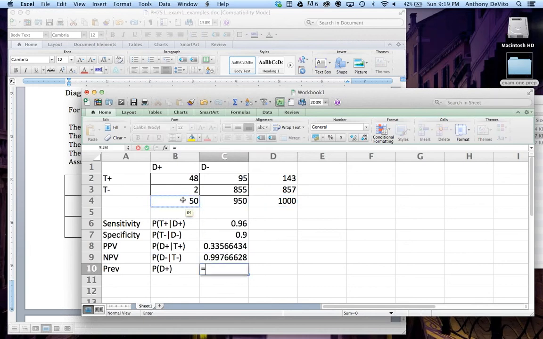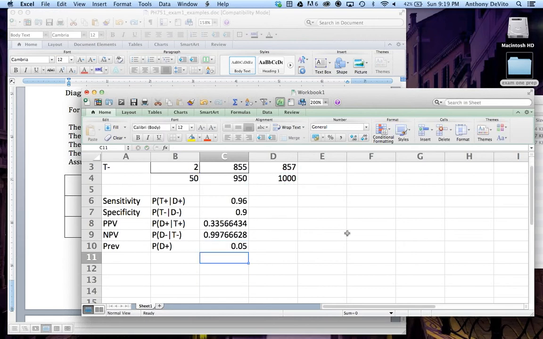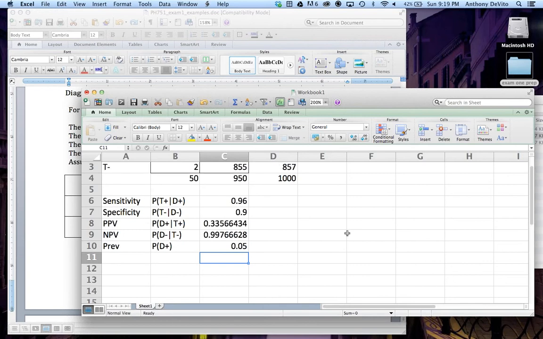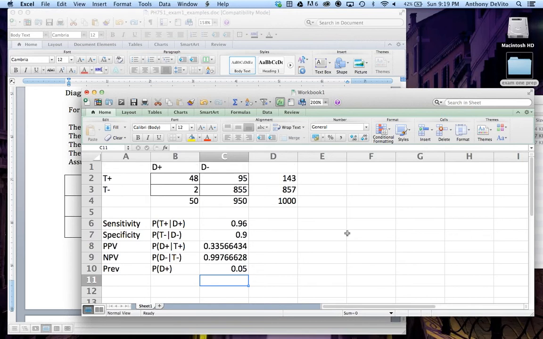Yeah, it is equal to 50 over 1,000, or about 5% of the population has this disease. Now, one of the things that you may come across as you get into more involved problems is that as the prevalence goes down, as you get diseases that have a lower prevalence, the positive predictive value becomes lower.